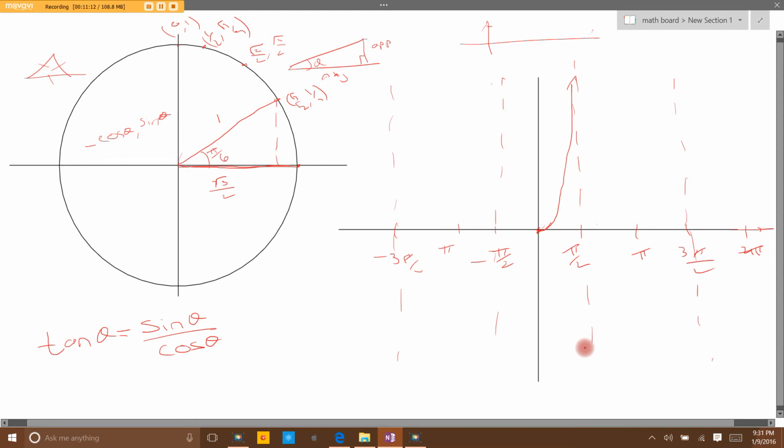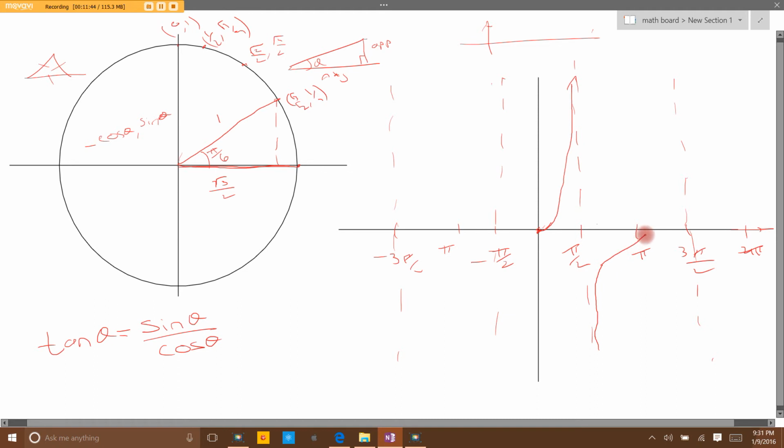So you have negative infinity, and then if cosine was decreasing as theta increased in the previous quadrant, now everything is opposite. So cosine of theta is now increasing, sine of theta is decreasing. So here, cosine of theta is 0, but it's negative, right? And then we said cosine is increasing, so increasing negative.